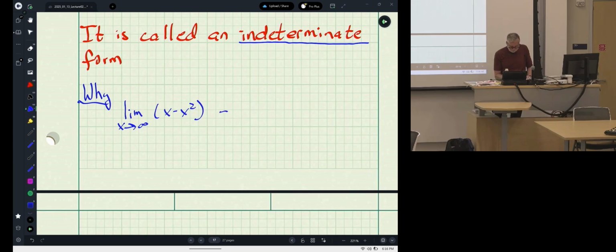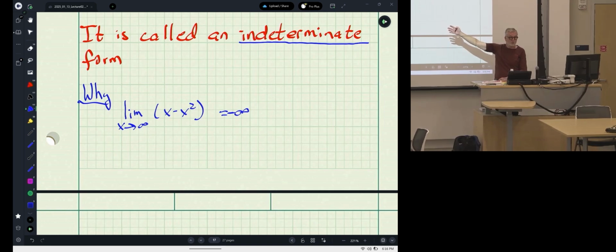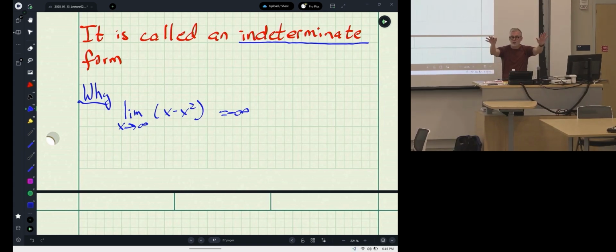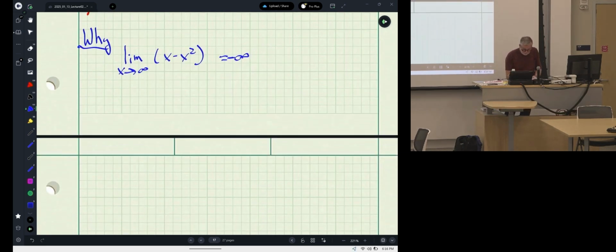So this equals negative infinity. Now, if I were to break it up, I'd have the limit as x goes to infinity of x is infinity, and the limit as x goes to infinity of minus x squared is minus infinity. So is it always equal to minus infinity? I don't know. Let's see.